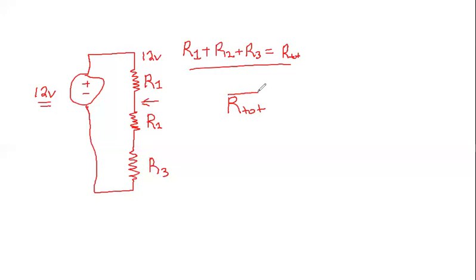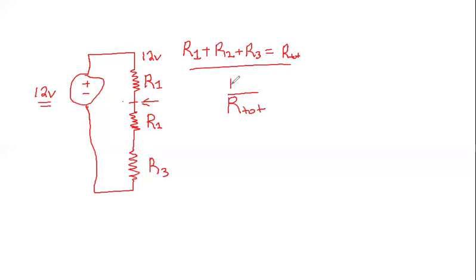The R total is the dividend, and whatever remains in this circuit is going to be your divisor. So we have R2 and R3 remaining in the circuit at this point right here, R2 and R3.